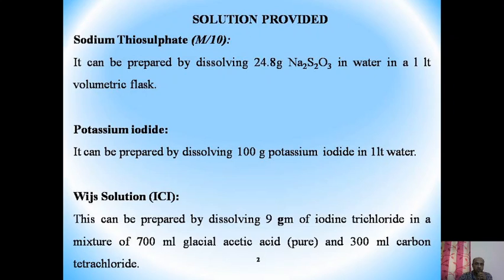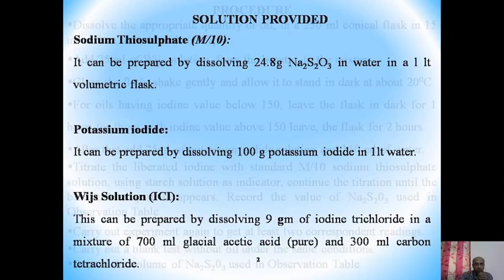The ICl solution can be prepared by dissolving 9 gram of iodine trichloride in a mixture of 700 ml glacial acetic acid, which should be pure and not contain any moisture, and 300 ml of carbon tetrachloride.